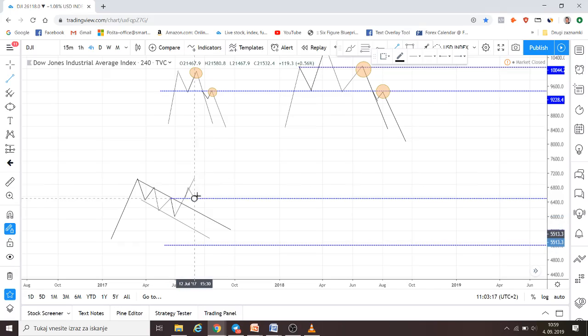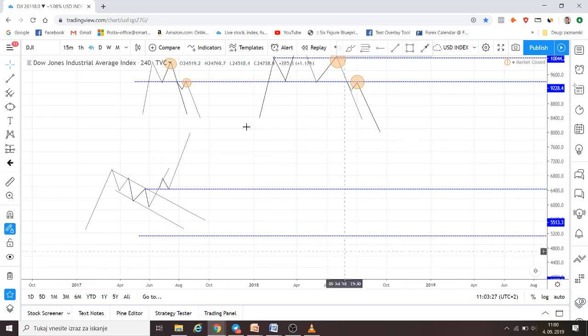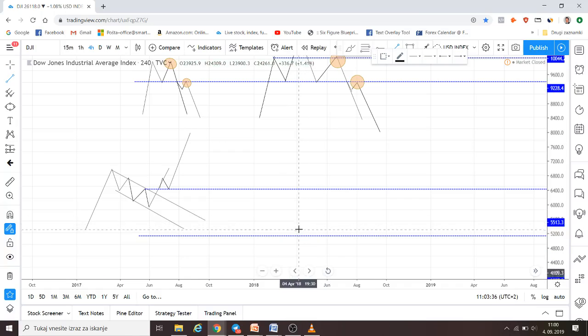So we break above, come down for a retest, and then we shoot back up. This is the perfect entry for a bullish flag, and the same goes for a bearish flag. Okay.